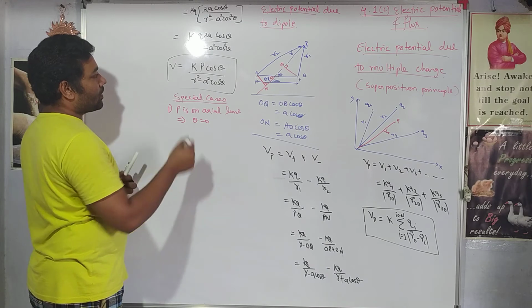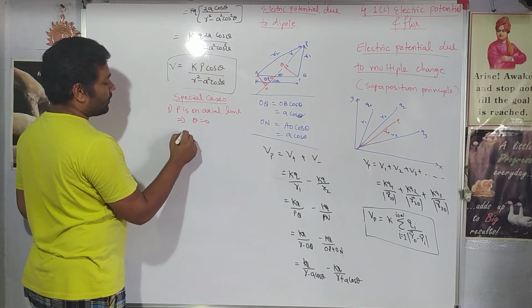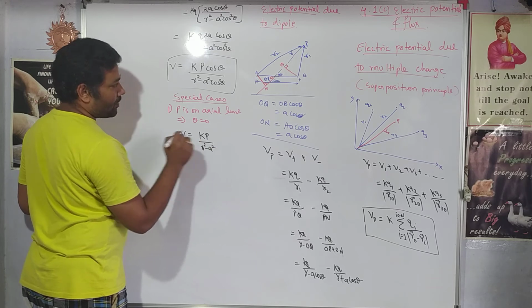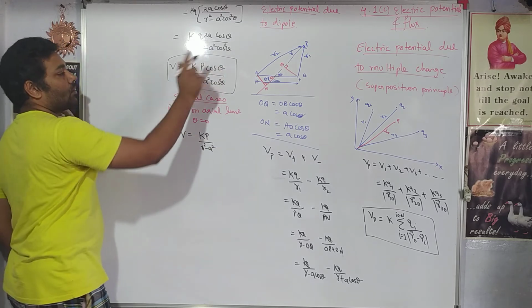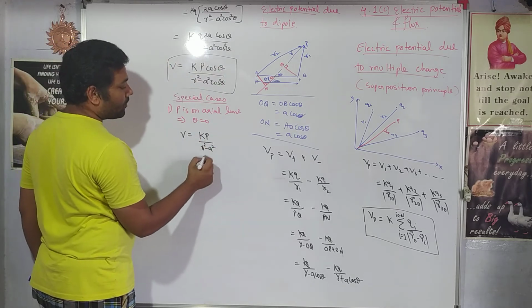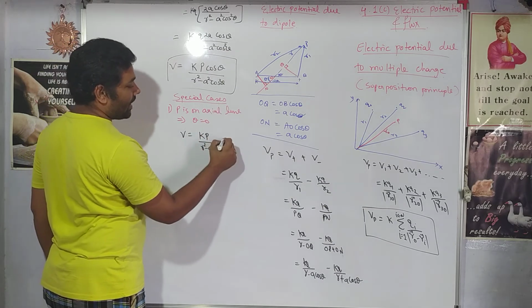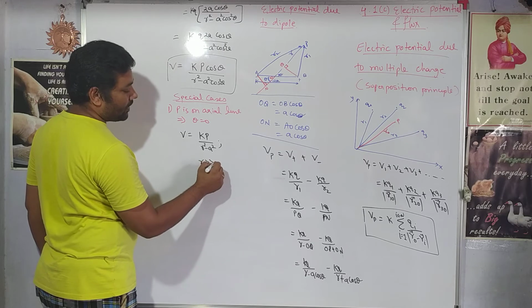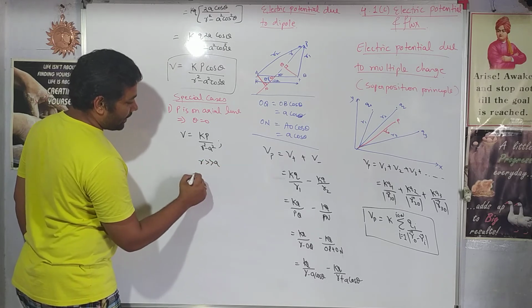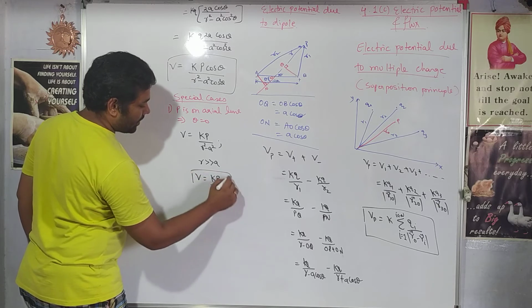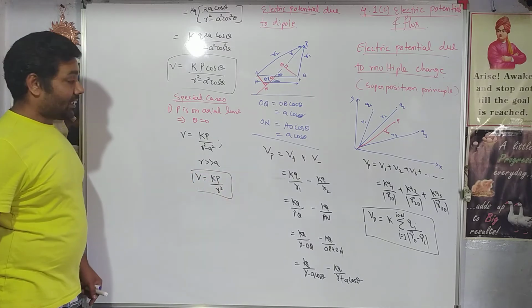So if we substitute theta equal to 0, what will it become? KP by R square minus A square, right? Cos 0 is 1. Again, we can make a further assumption that if the distance R is much greater than A, then the potential will be KP by R square. This is the potential on the axial line.